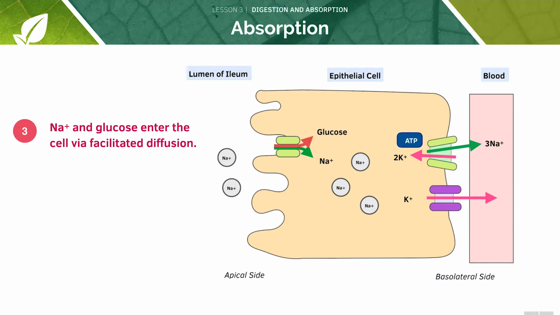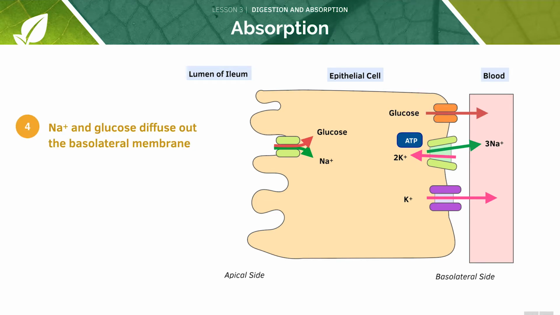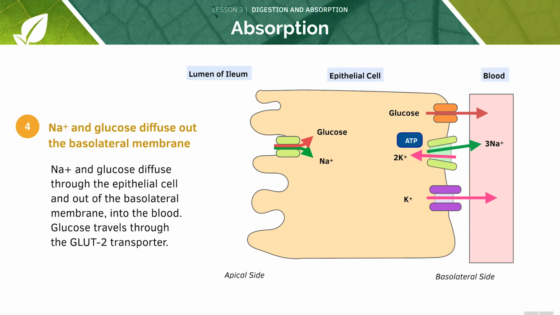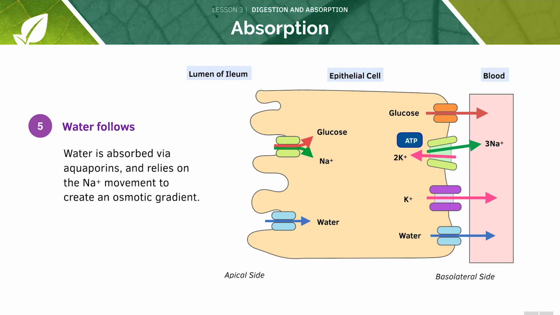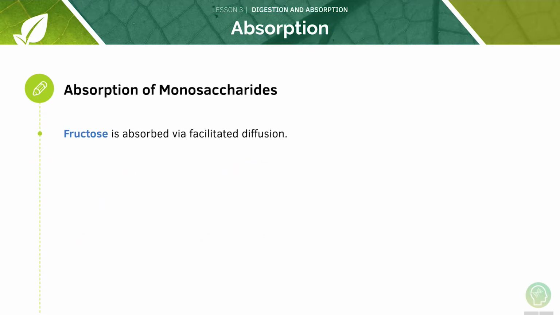Then, sodium and glucose can enter the cell via facilitated diffusion. This occurs down a concentration gradient. Sodium and glucose then diffuse out of the basolateral membrane into the blood. Water will follow through aquaporins. Here's a quick summary of all the steps.